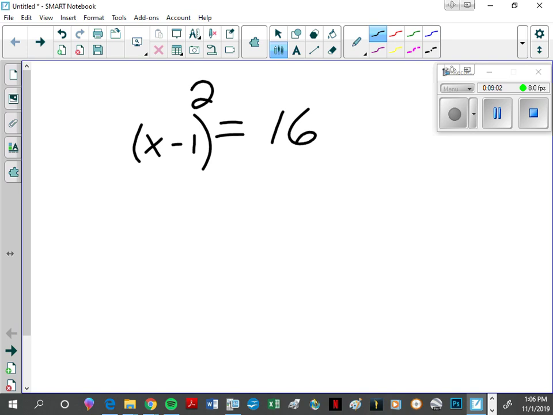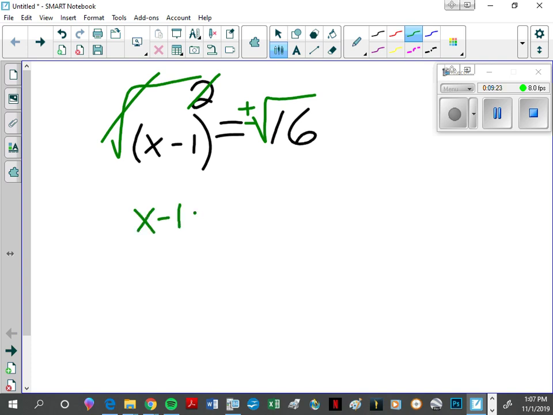Now this is a little bit weird. We take the square root, and when the squared cancels the square root, what do we do? Plus or minus? When the squared cancels the square root, we always put plus or minus on the other side. Now I get x minus 1 is equal to plus or minus 4.